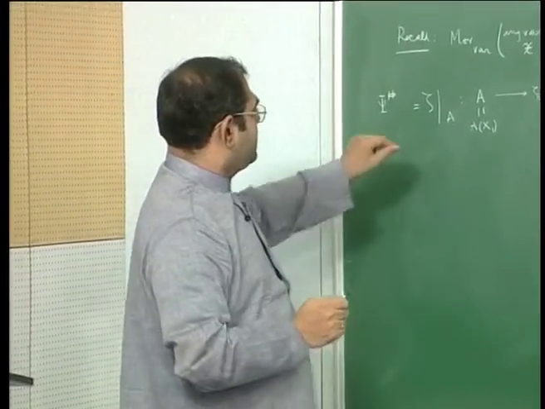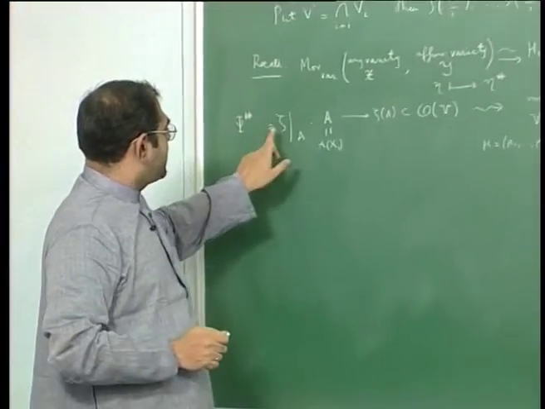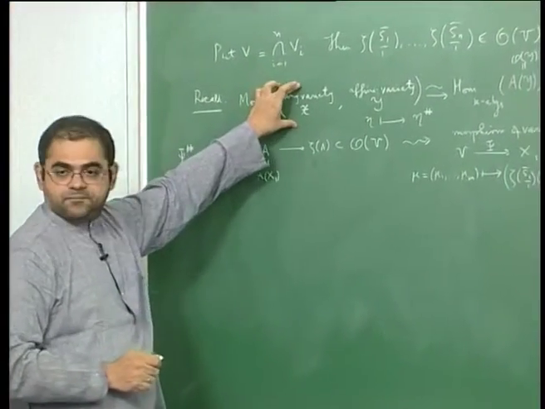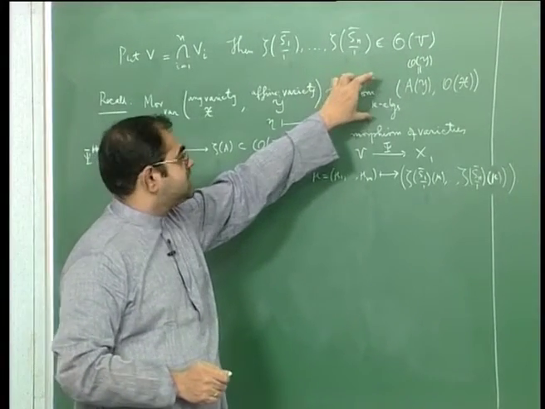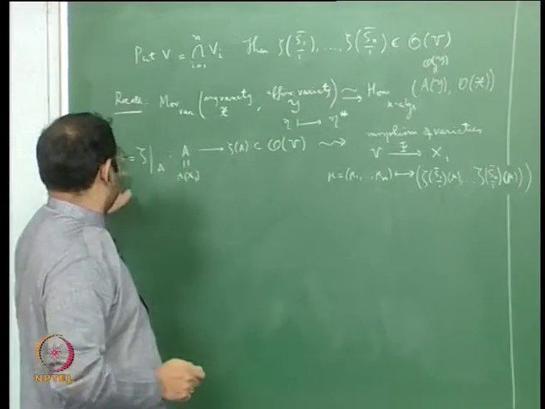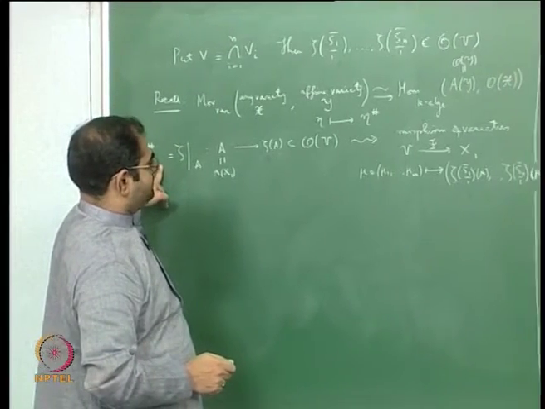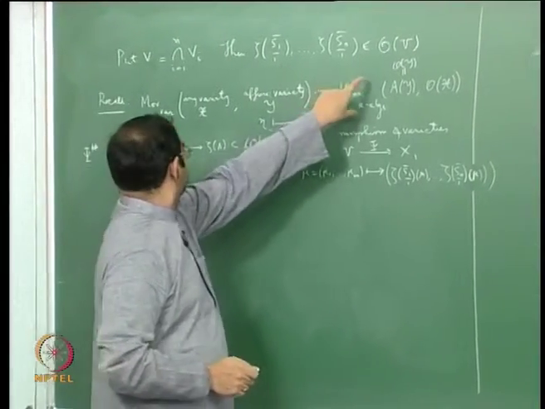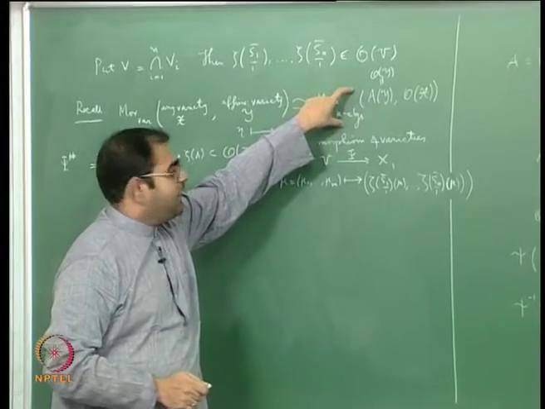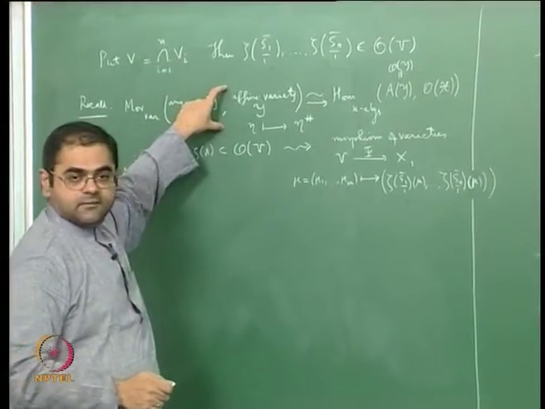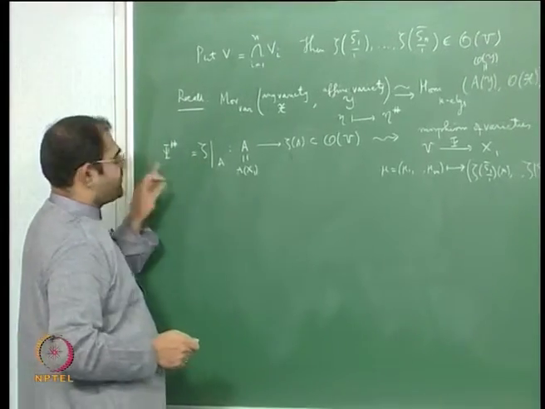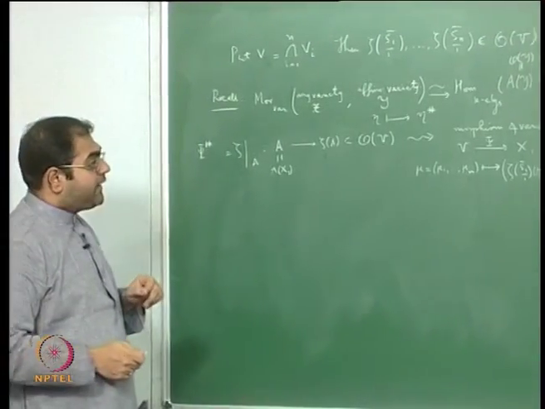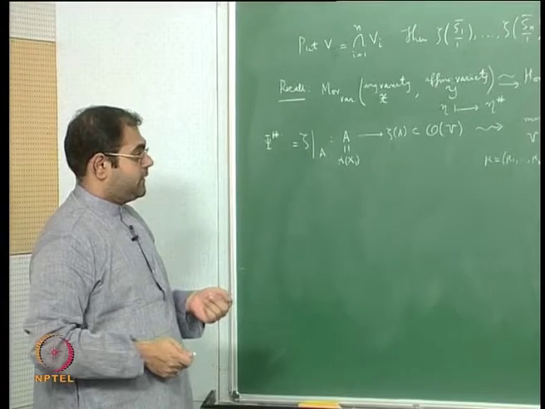What does it mean to say that I started with zeta restricted to A here and I ended up with this psi there? It means that psi hash is that zeta, okay. So this zeta restricted to A is psi hash, alright.